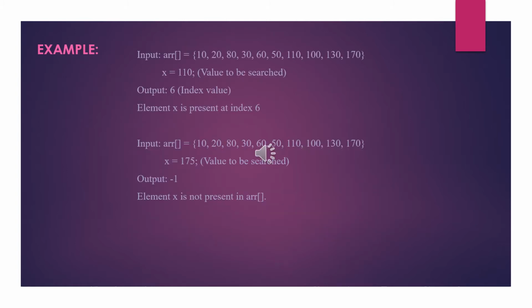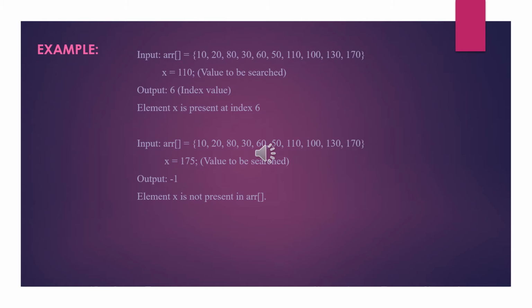Now let us take an example. So this is an array ARR and it has certain values stored in it. The values are 10, 20, 80, 30, 60, 50, 110, 100, 130 and 170. Now we are looking for a value x equal to 110. As we can see, 110 is present in the array.